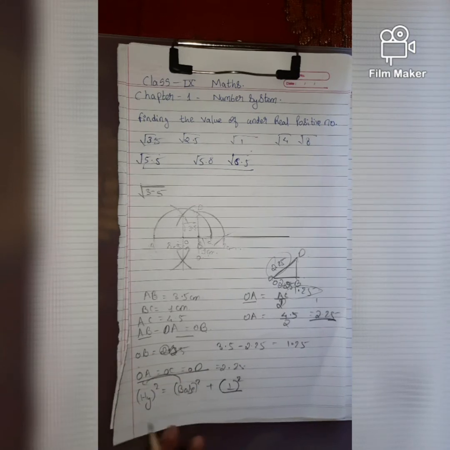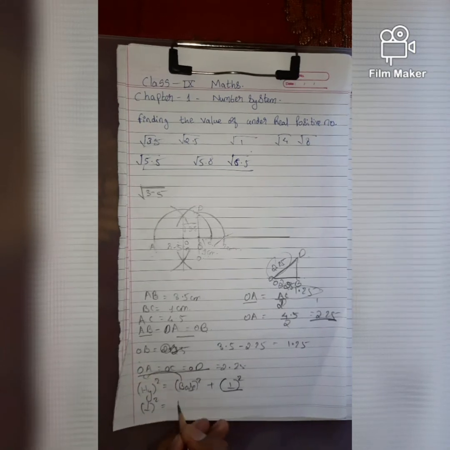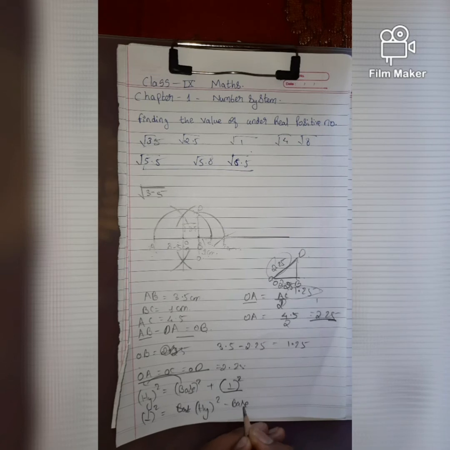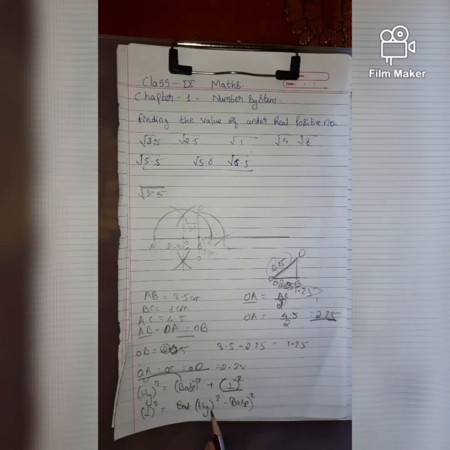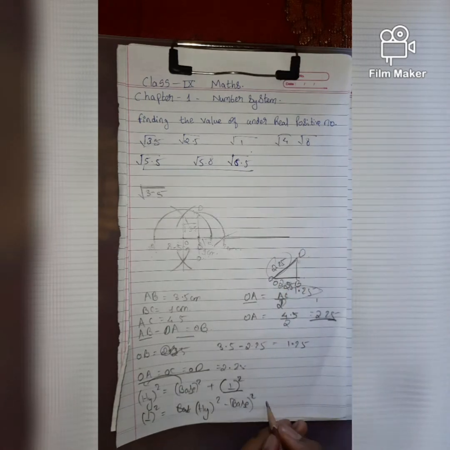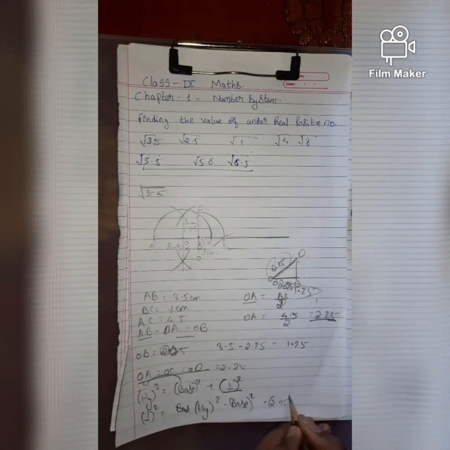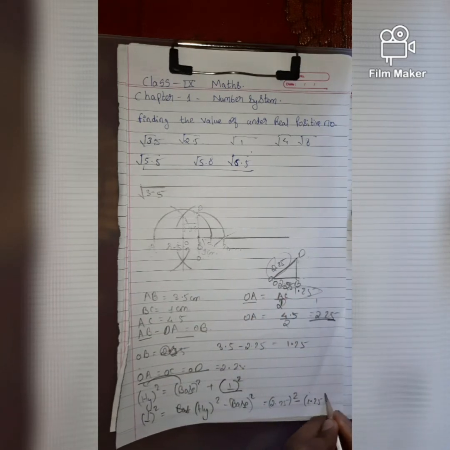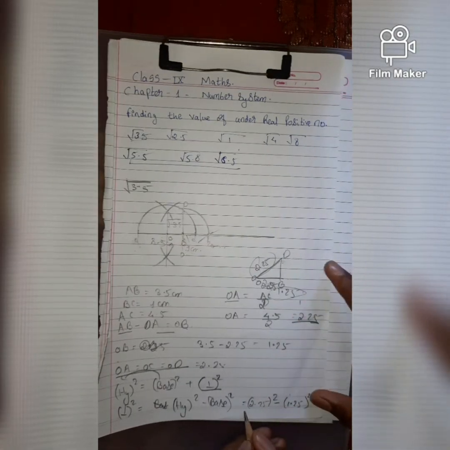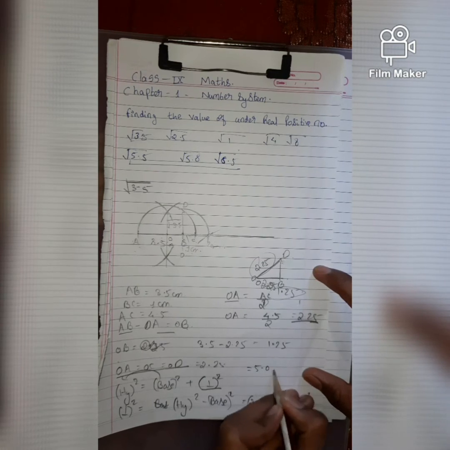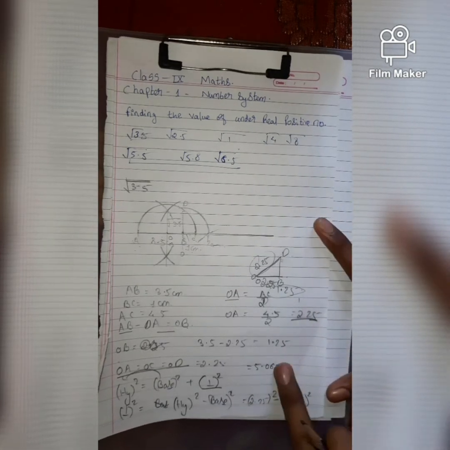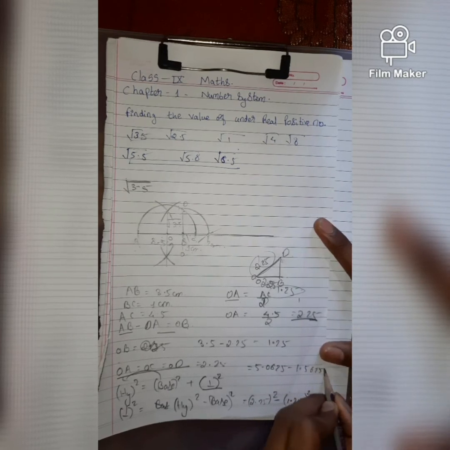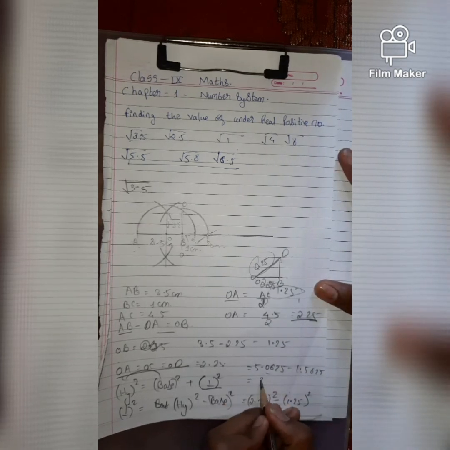So moving the base to the other side, perpendicular squared equals hypotenuse squared minus base squared. Here the hypotenuse is 2.25, so that is 2.25 squared minus our base 1.25 squared. The value of 2.25 squared is 5.0625, and the value of 1.25 squared is 1.5625, and when we subtract both we get 3.5.